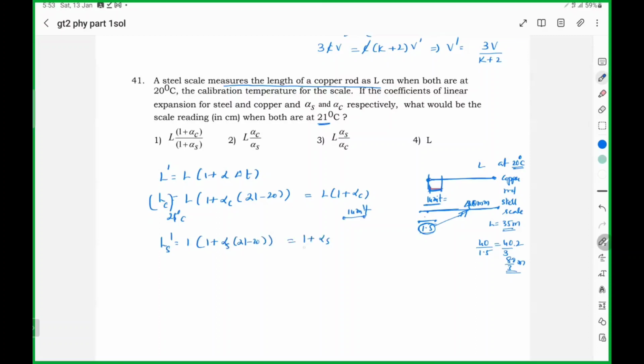So earlier we measured by taking this as 1 unit. Now when the temperature rises, it extends to 1 plus alpha s. This is the unit we are measuring copper length with. Now the length of the copper rod will be L into 1 plus alpha copper delta T by 1 plus alpha s.